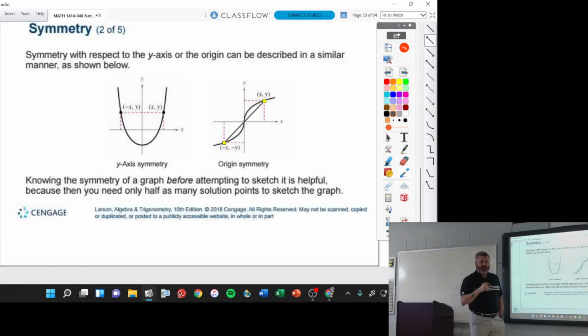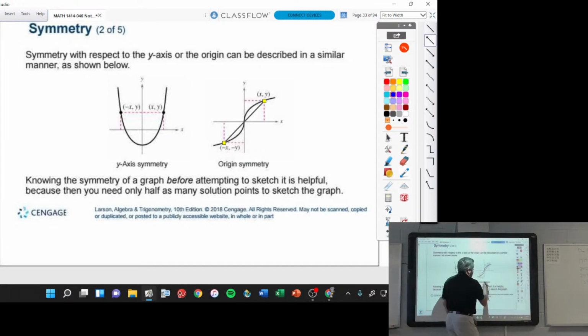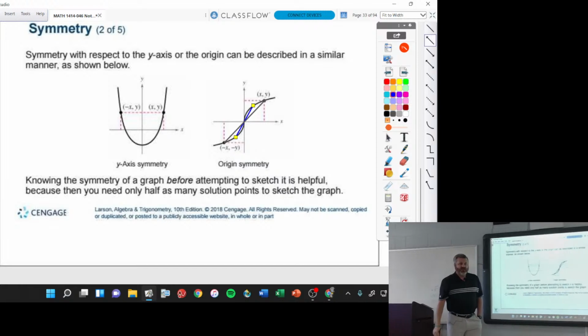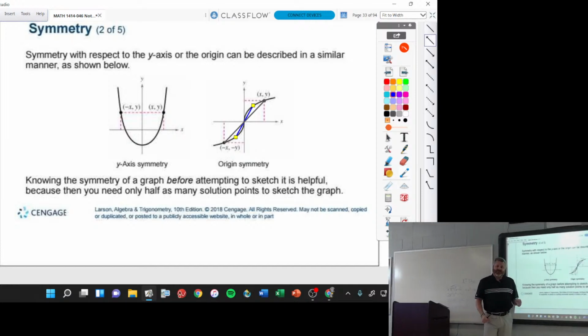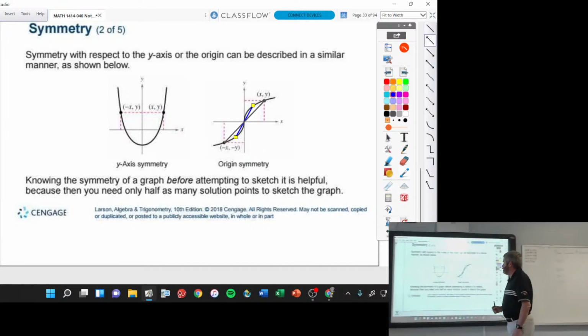So by going directly through the origin, that's what we mean, that this particular graph has origin symmetry. And folks, this would be the exact same for any point on the graph. If I was to draw a line from this point on the graph straight through the origin, boom, right there, those 2 points would also be symmetric. So origin symmetry is actually symmetric through a point, whereas y-axis and x-axis symmetry is symmetric about a line.